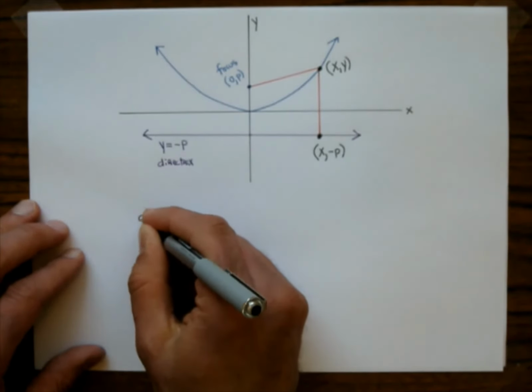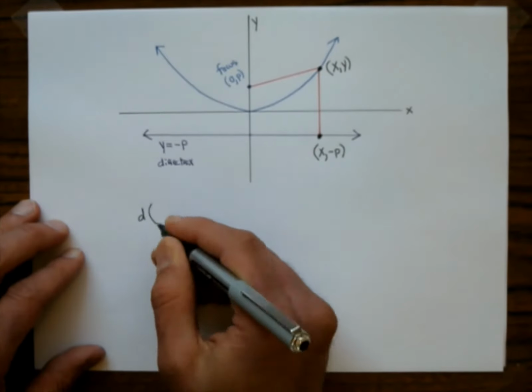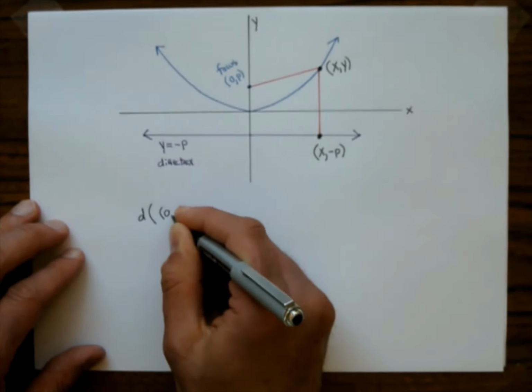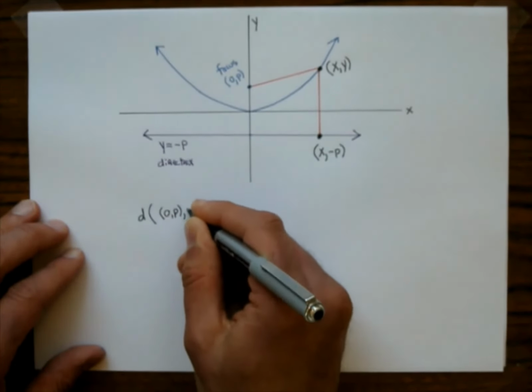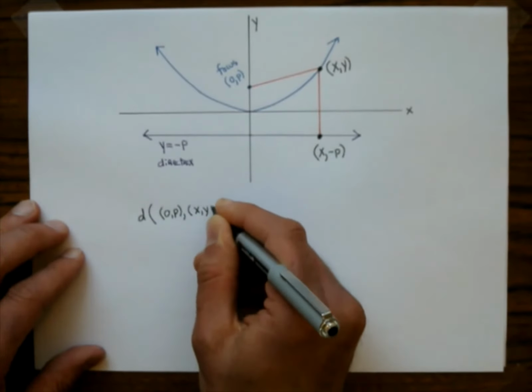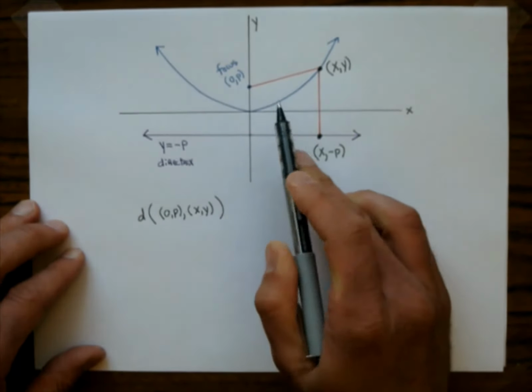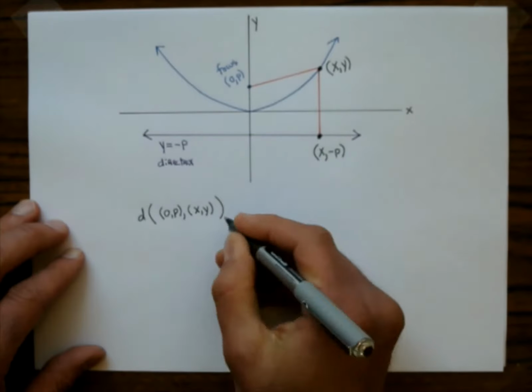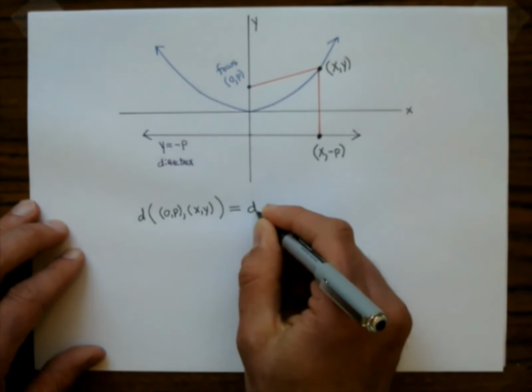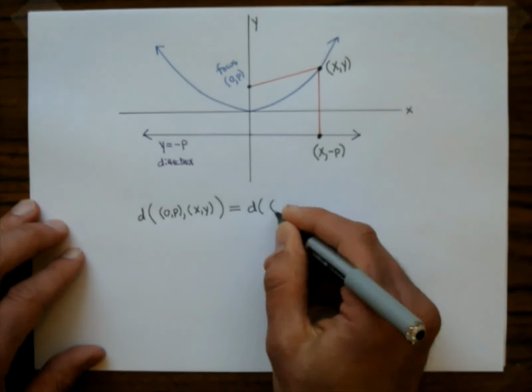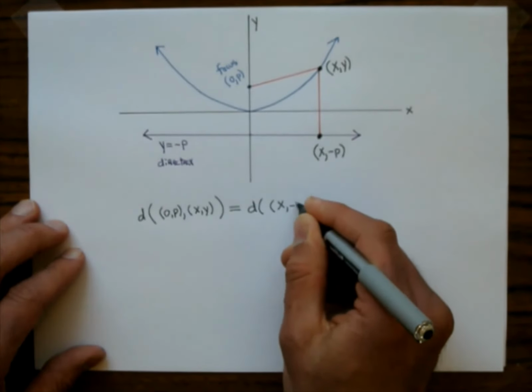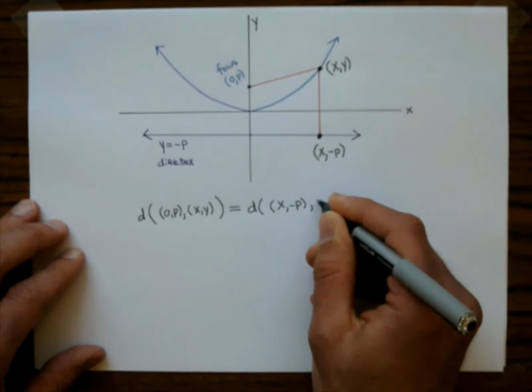Well, let's write it out. The distance from 0, p, to x, y, so it's just a way of saying the distance of that, equals the distance from x, negative p, to x, y.